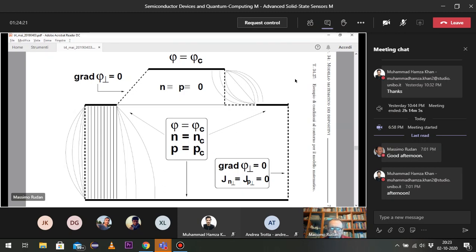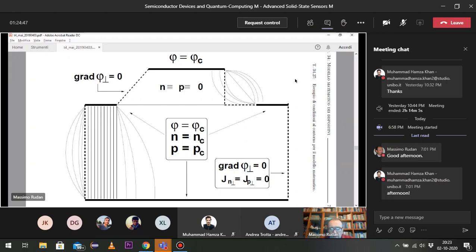So we have a condition in which near the contacts, that is source, drain, and bulk contacts in this example, we may impose a condition of equilibrium and charge neutrality to the semiconductor near the contacts, okay?